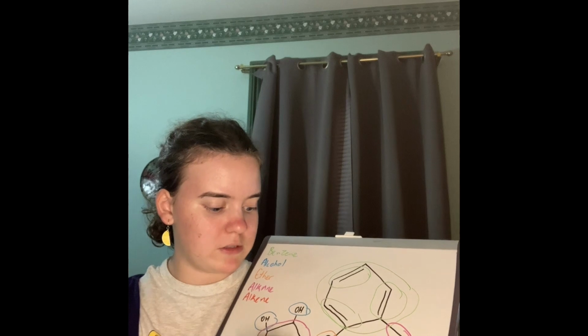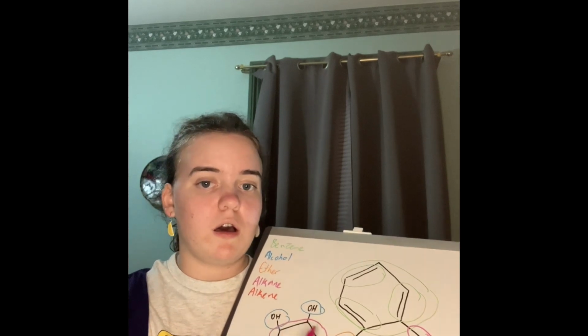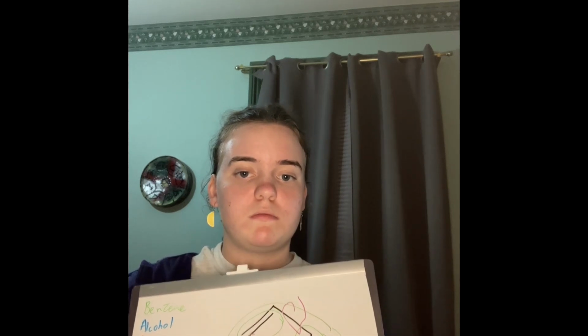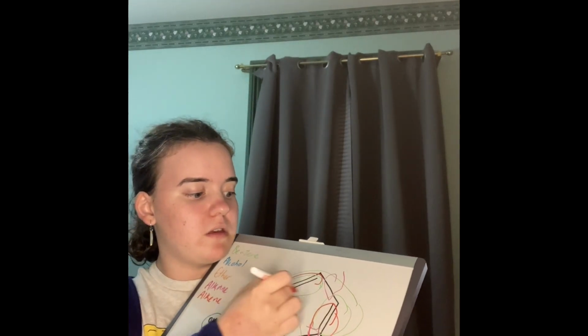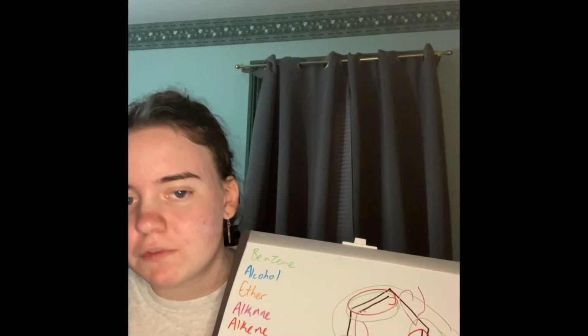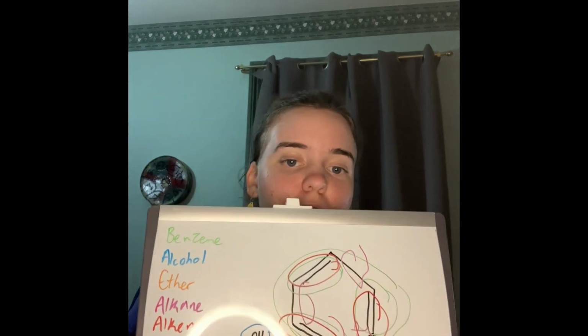A bunch over here, and some within the benzene ring. And then last but not least are alkenes, which are all the double bonds in the benzene ring, which has made it a huge mess over here. But those are our functional groups sort of pointed out.